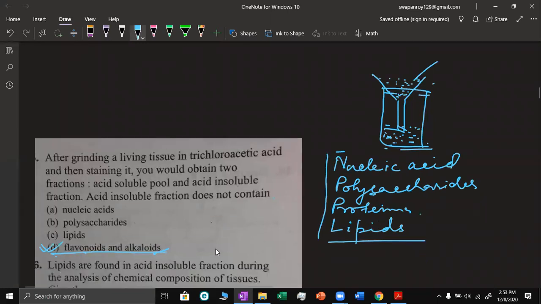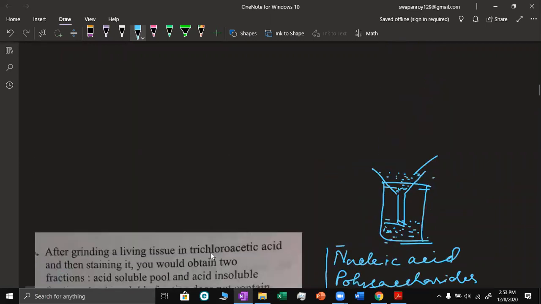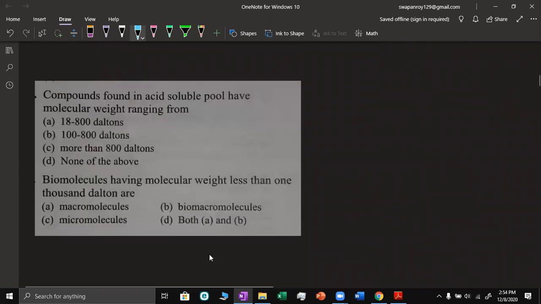Here is a similar question. Compounds found in the acid soluble pool have molecular weight ranging from which one? 18 to 800 Dalton, 100 to 800 Dalton, more than 800 Dalton, or none of the above.